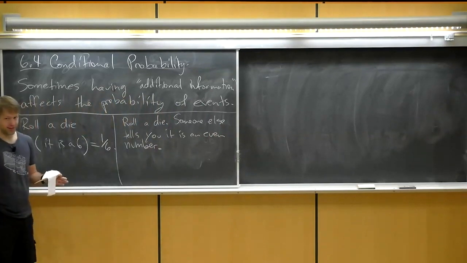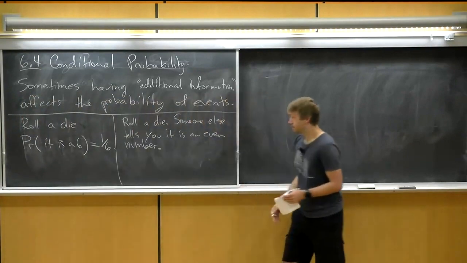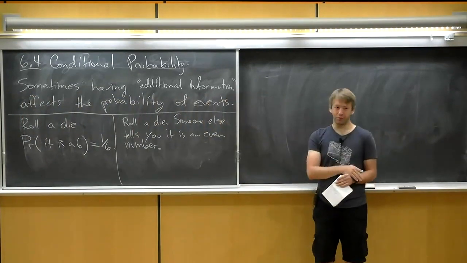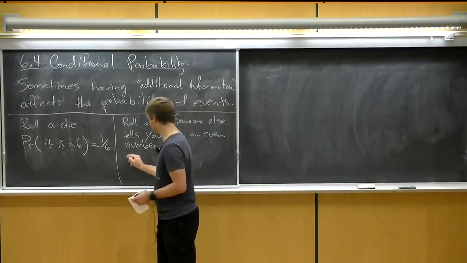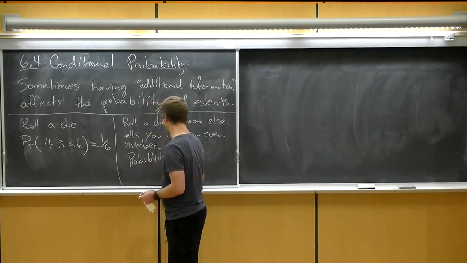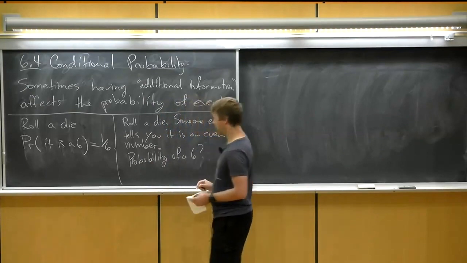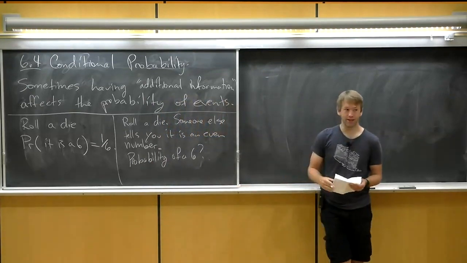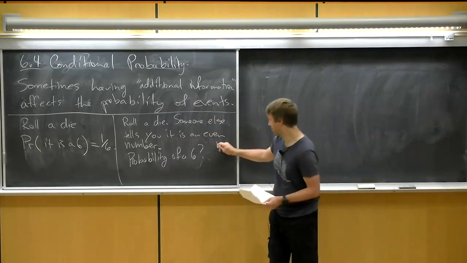Let's say this person doesn't lie, so you know they're telling the truth. So now what's the probability that it's a 6 after that person told you this information? Yeah, 1/3.